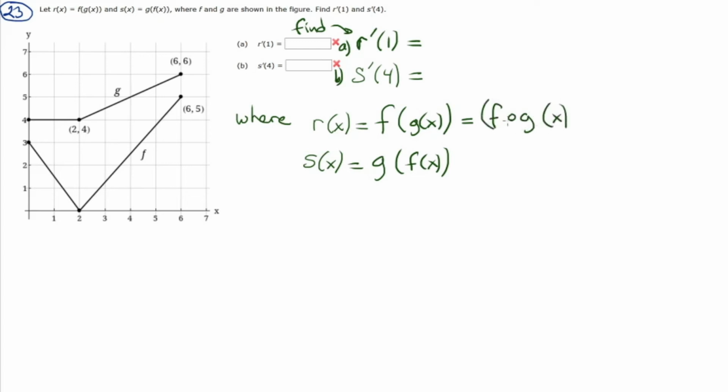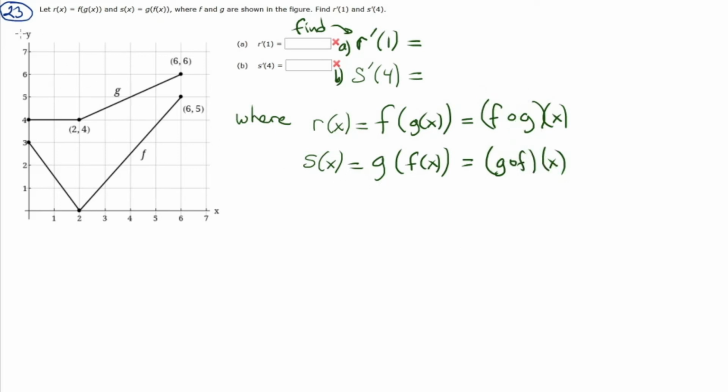So whenever you see this notation, you should immediately write it as f of g of x, right? Likewise, g of f of x is sometimes written as g with a little circle of f of x. But luckily, our book doesn't use that.